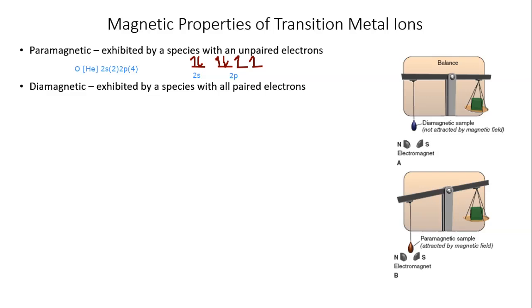Now diamagnetic are species that have all paired electrons, and certain groups of elements are diamagnetic.